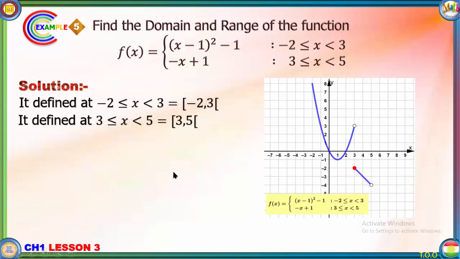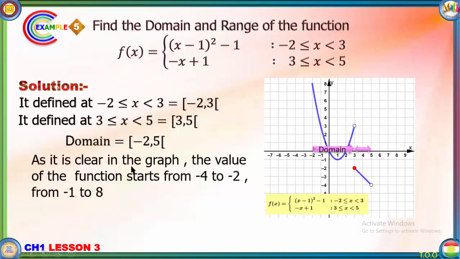If we unite these two intervals, the domain of the function is from -2 to 5, where -2 is closed and 5 is open.